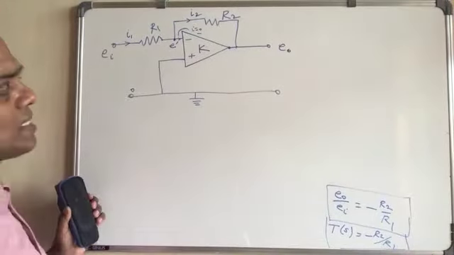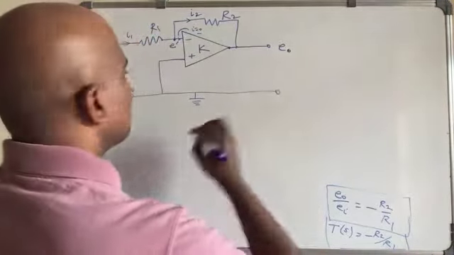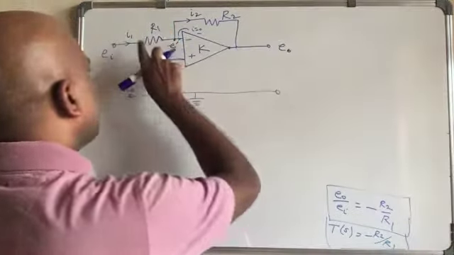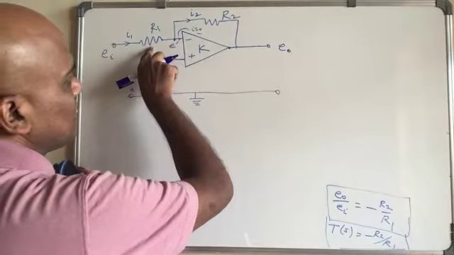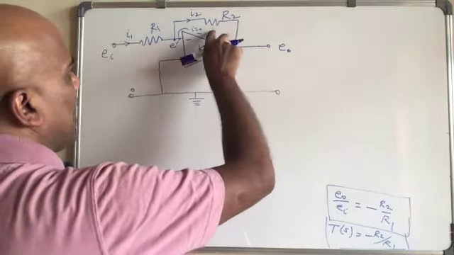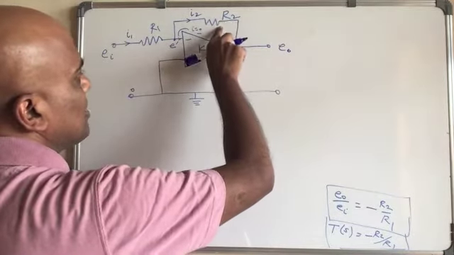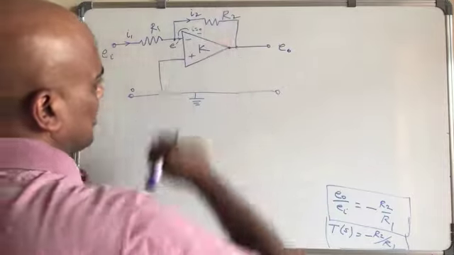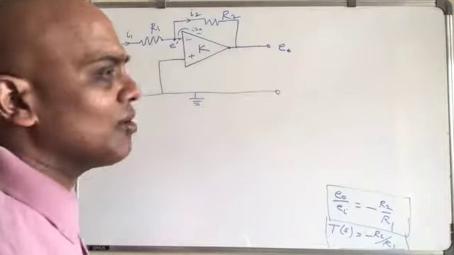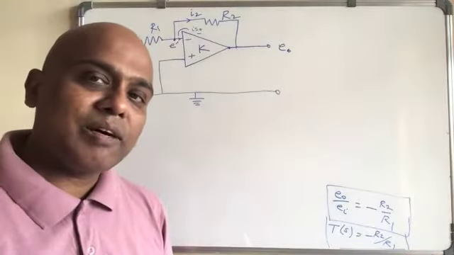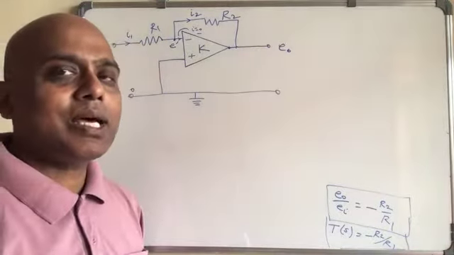Now the same circuit we can draw differently. Instead of saying R1, we can call it Z1, which is this impedance. And similarly here the impedance is Z2, right? And everything will be in the form of complex frequency, the way we did in the last lecture.